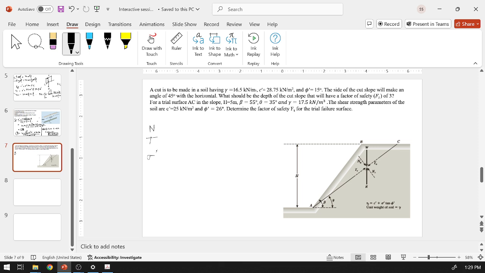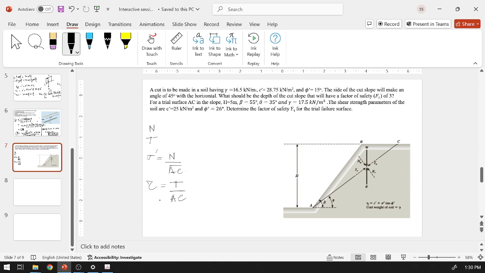Then we took sigma dash equivalent to the normal component over this length AC, and tau will be this component over AC.